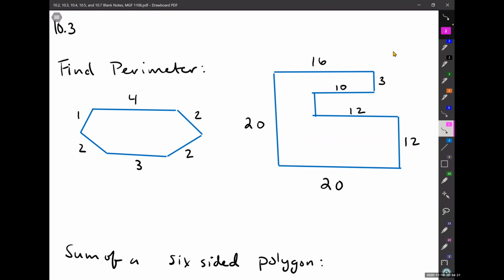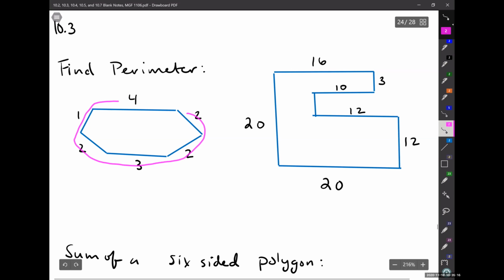Give everybody time to find the perimeters. Now we recall for perimeter, that's just distance around the edge.